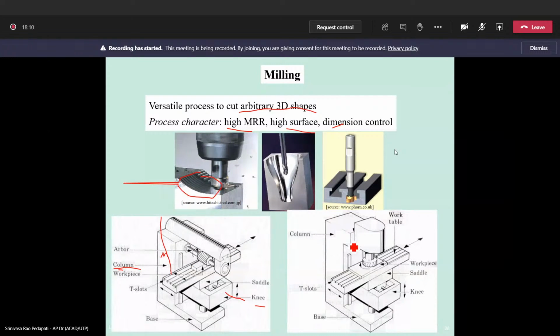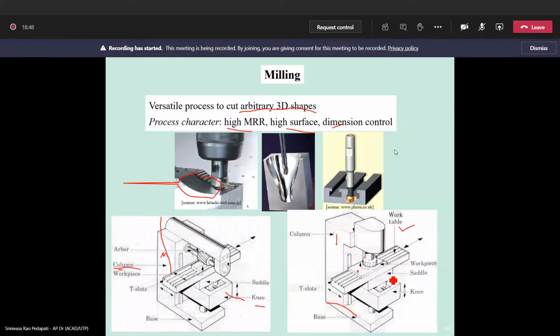What is the column? Column means the vertical structure which supports the machine, and then the base. Then you have the table, called the work table, which is used to mount the workpiece on which you want to machine or remove material. The saddle is the one which moves the workpiece, or feeds the workpiece against the tool.